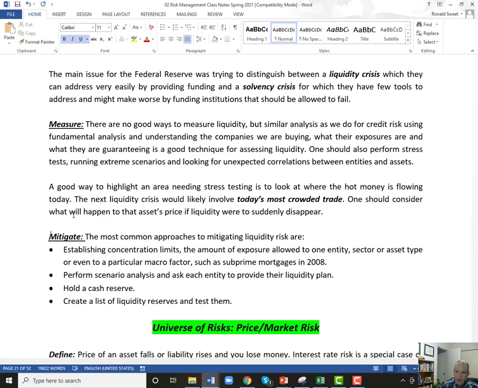Maybe you're exposed to one particular macro factor like oil prices or interest rates or subprime mortgages in 2008. So there's one factor that's permeating your portfolio, and you need to sit down and test it. I used to ask hedge funds questions like, what would happen to your portfolio if oil prices went to $200? What if oil prices went to $10?